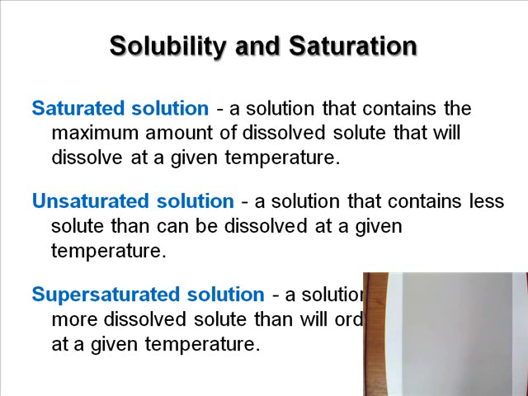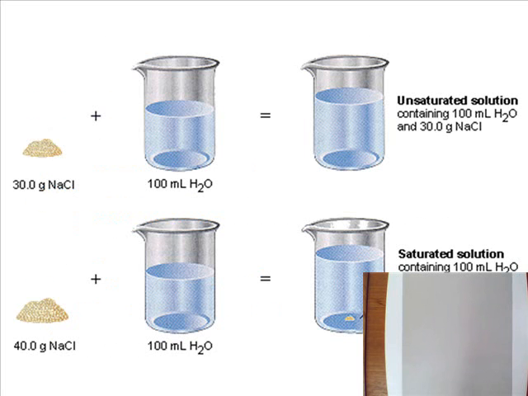The third and final one is a bit unusual: under certain conditions you can actually cheat. You can actually get away with the dissolving process and get more material dissolved into the solution than in fact should be possible at that temperature.